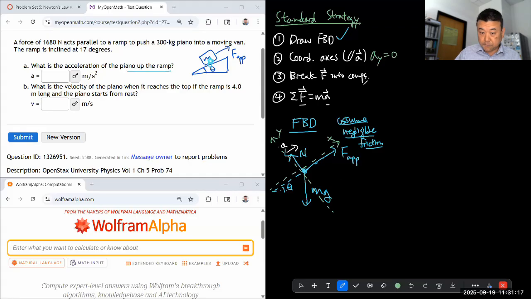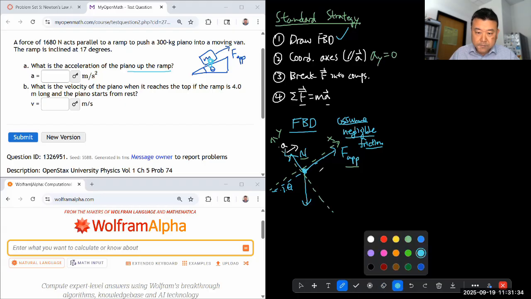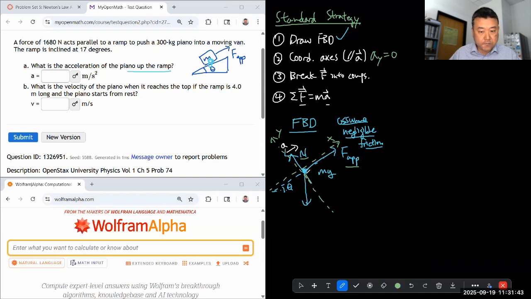And to break force into components, it looks like the applied force and normal force are already along x and y directions. So I only have to worry about mg. And for mg, let me just move this label out a little bit so that I have more room to write stuff. I like to start by drawing a right triangle that has the legs of the right triangle going along the axis, so along the y-axis, and parallel to the x-axis.